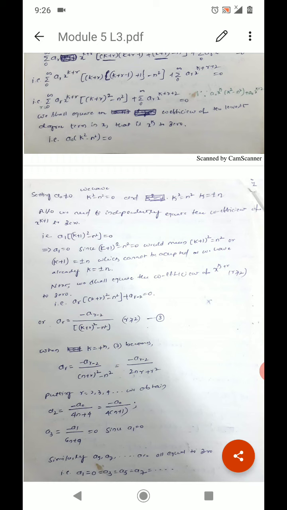Since (k plus 1) whole square minus n square is equal to 0, that will become (k plus 1) whole square is equal to n square, or k plus 1 is equal to plus or minus n. But already we have k is equal to plus or minus n. So k plus 1 is equal to plus or minus n, that will not hold.